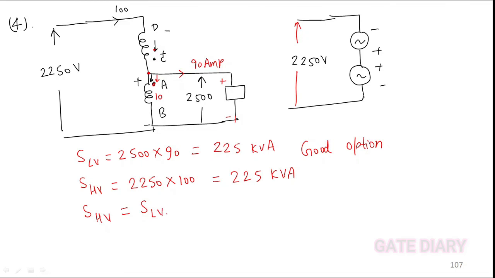How are you calculating it? How are you writing this S_HV? This is equal to V_H into I_H. V_H means this is V_H and this is I_H, and this is V_L and this is I_L. So S_LV, how will you write? I_L into V_L.